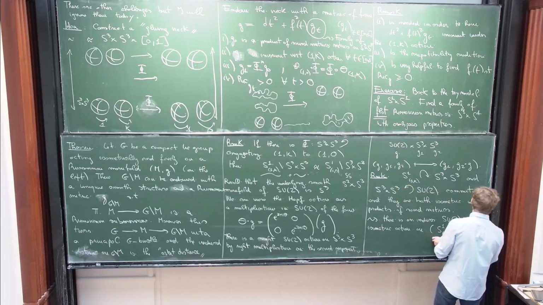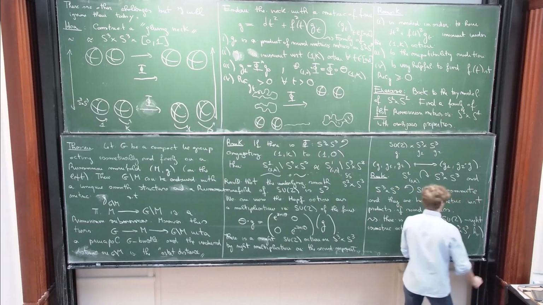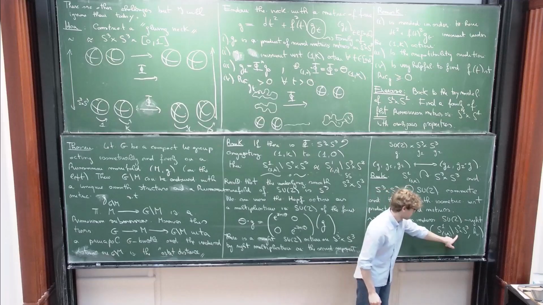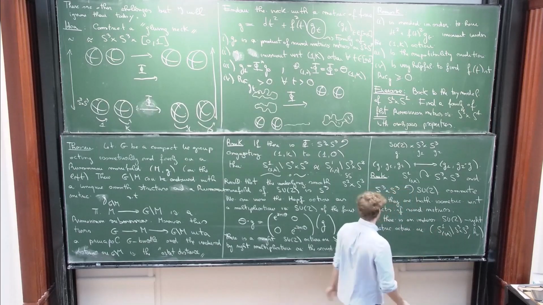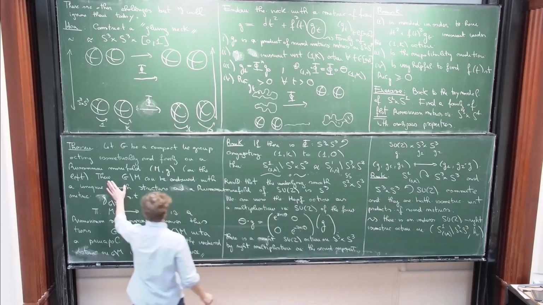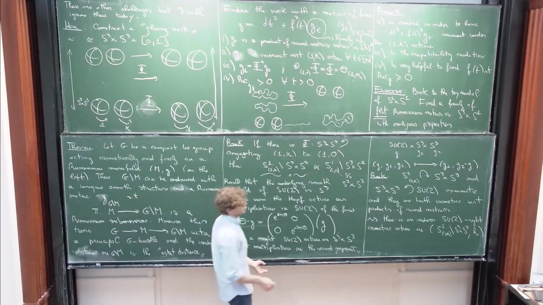Let me call it H0. This is a quotient metric of the product of round metrics that I call G0, with respect to this isometric action that I get by applying the theorem that I wrote over here.